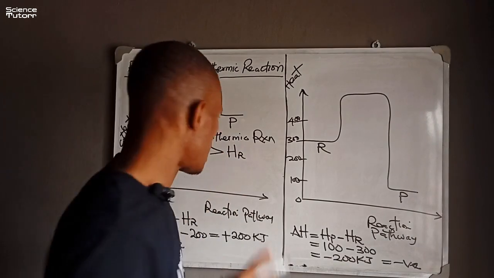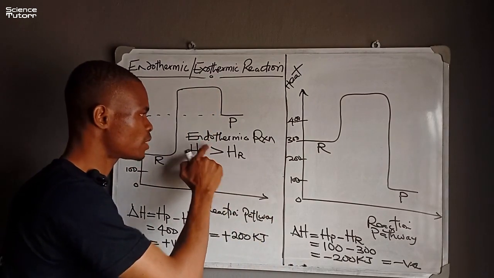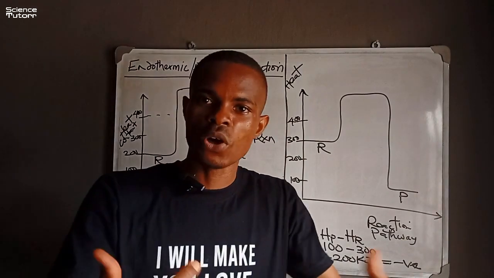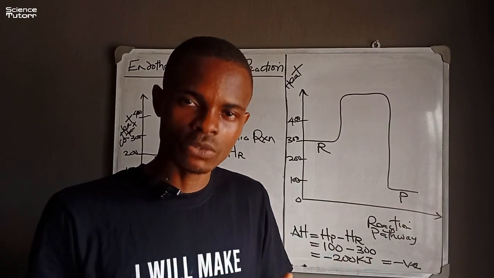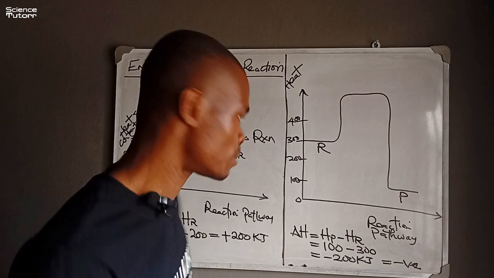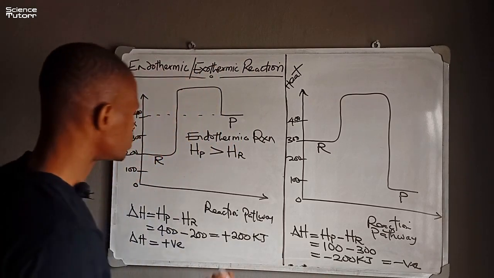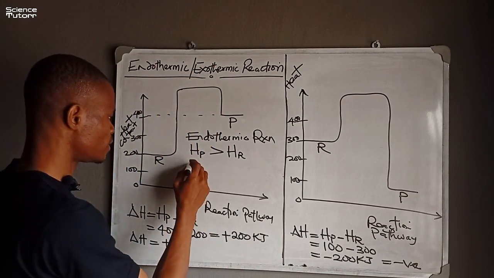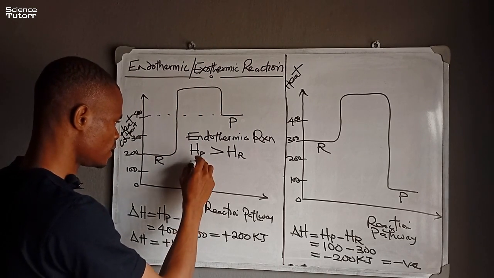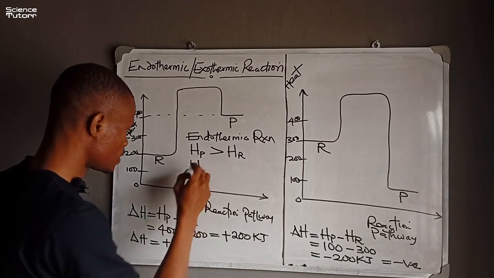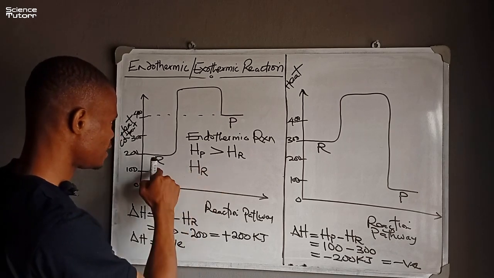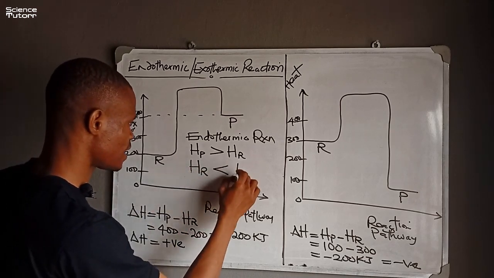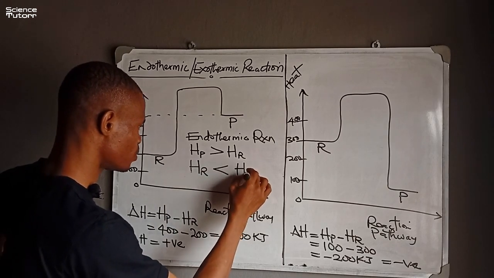Another definition: in an endothermic reaction, heat is absorbed from the surrounding environment. Another way I can also define an endothermic reaction is this: the enthalpy of the reactant is less than the enthalpy of the product.